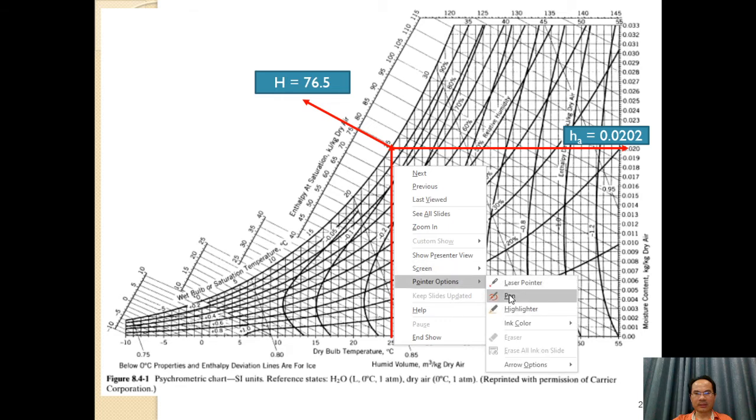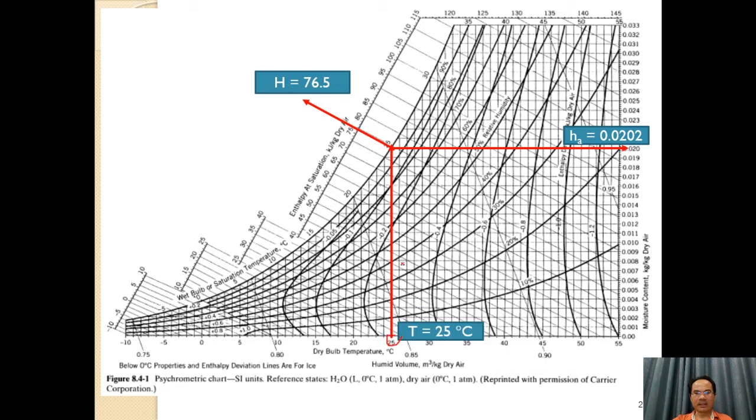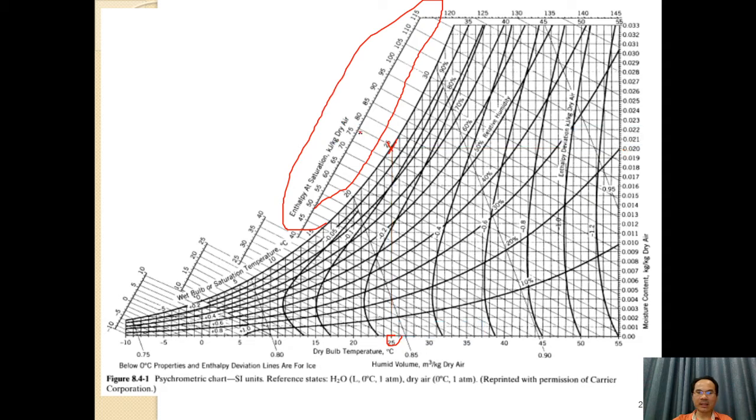At 25 degrees Celsius, you go to contact the line for 0.0202, then you follow the parallel wet bulb temperature line. This is about 26.5. That's the specific enthalpy, 26.5, unit is kilojoule per kilogram dry air.